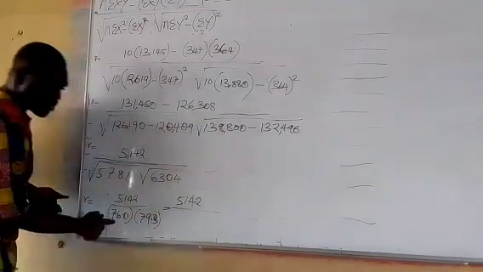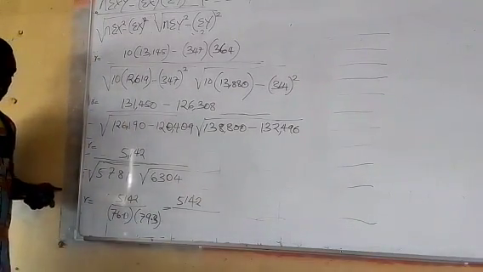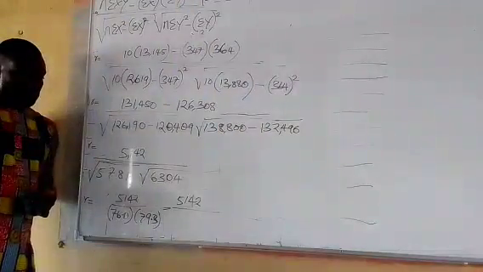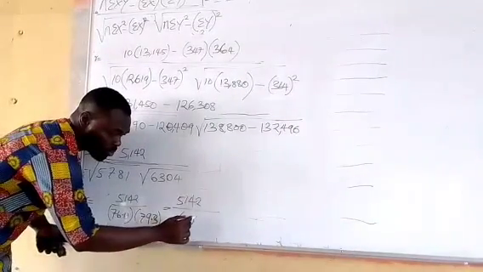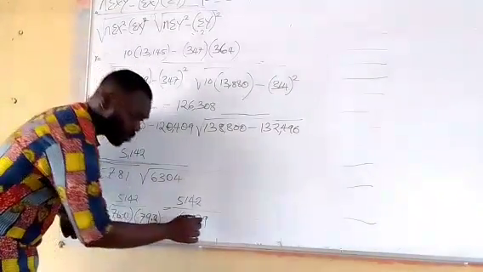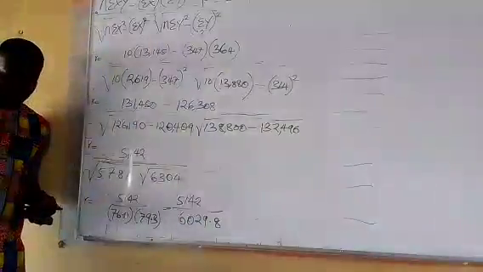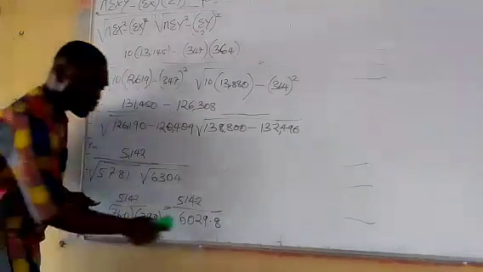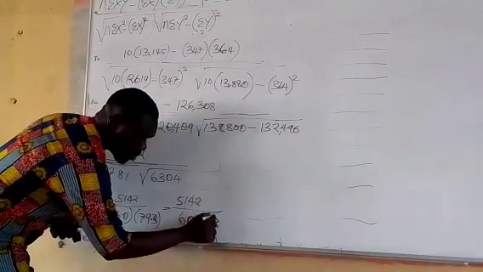Okay. Now R equals 5142. Multiply these two variables. This bracket means multiplication. Multiply this and this, 76 multiplied by 79.3. What are we having? 6026.8.